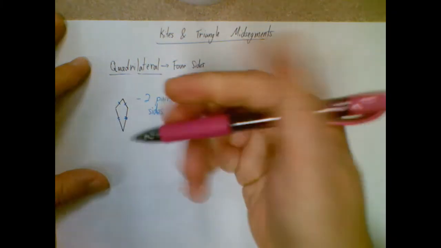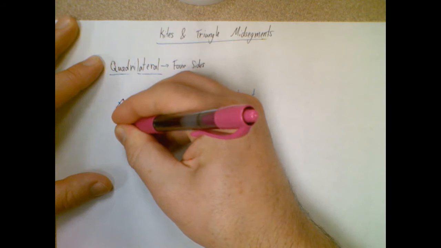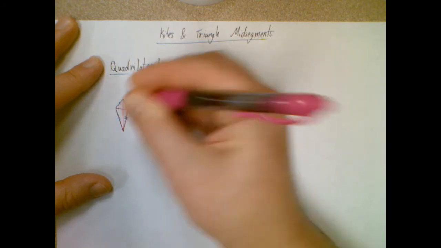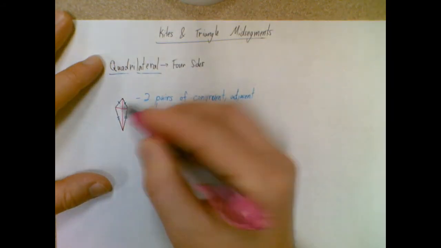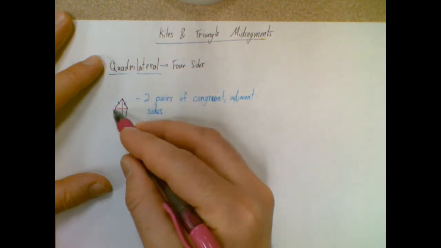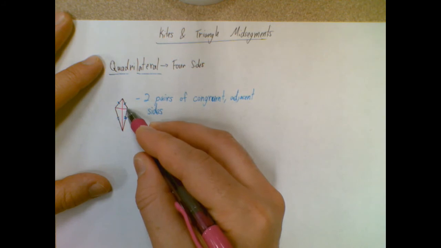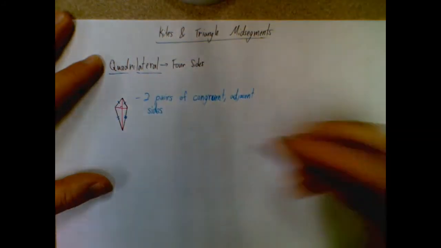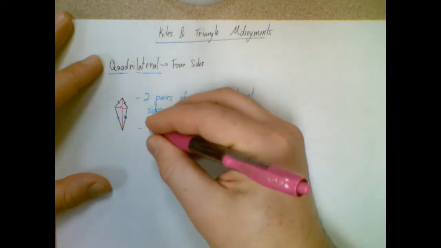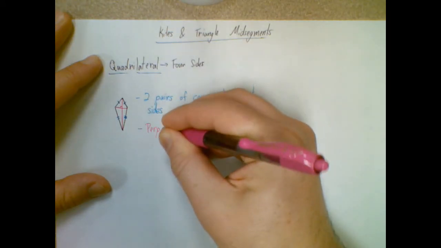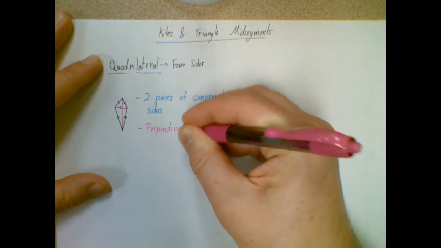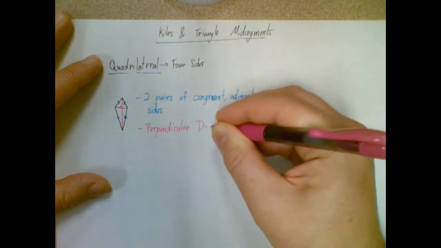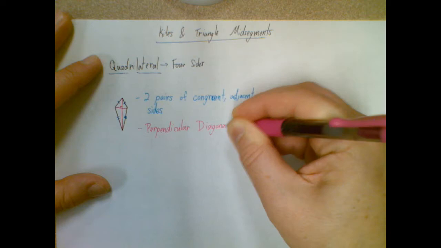In addition to that, one of our important characteristics is this: these are called diagonals because they go from one vertex to its opposite vertex. In a kite, the diagonals are perpendicular. Okay.